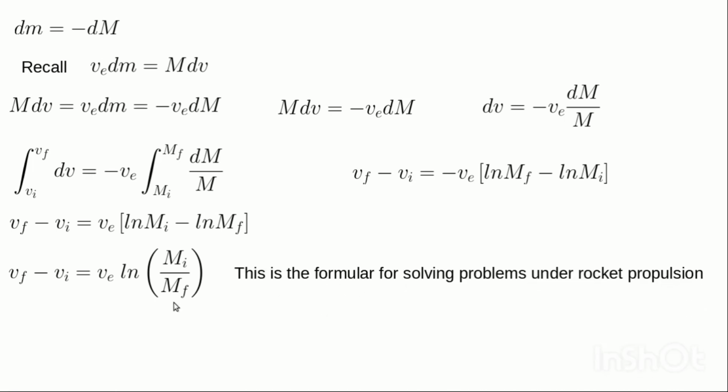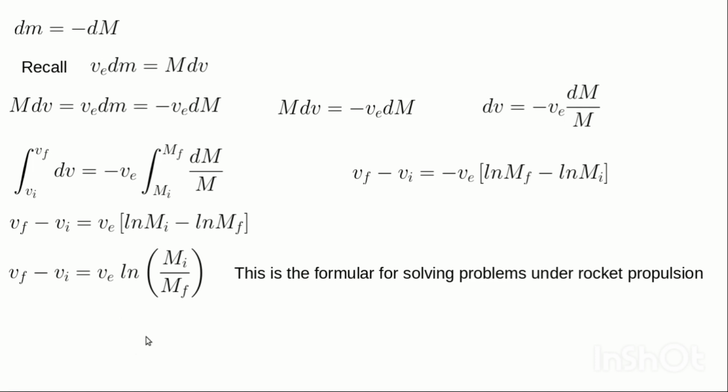So let's analyze this particular formula. We notice that when the rocket is initially at rest, this part will become 0. But if it possesses a particular initial velocity, we can put it here and use it to calculate the final velocity when the rocket's engine is put on.